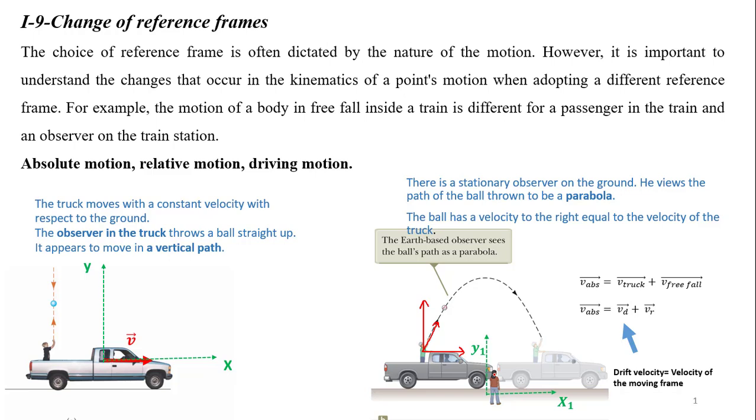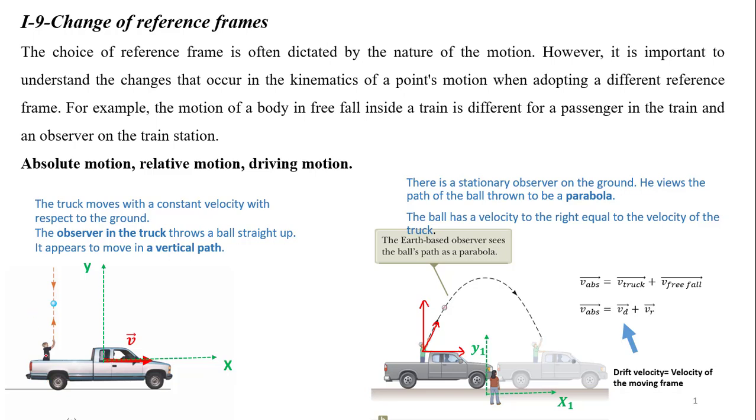So the motion of any object depends on who is observing this motion. Is this motion being observed by a stationary observer or by a moving observer? For the observer at rest, he will see the ball following a parabolic path, upward and to the right at the same time.